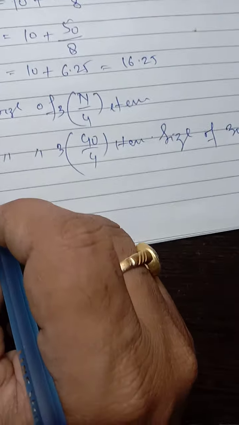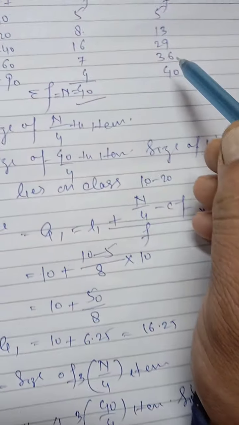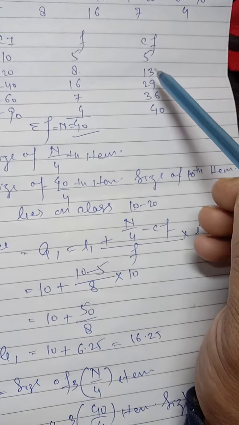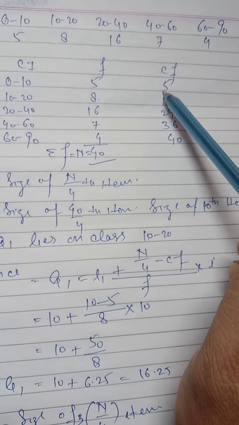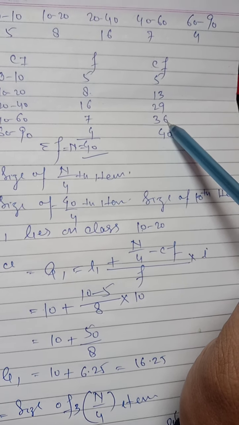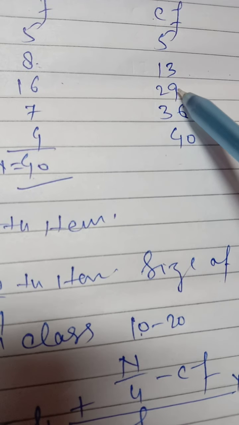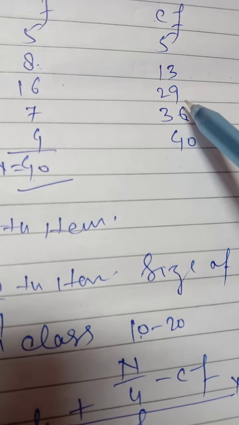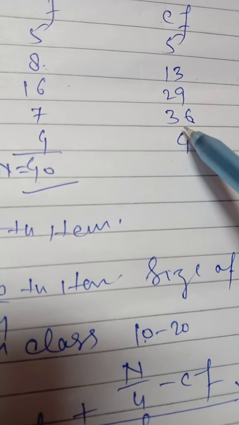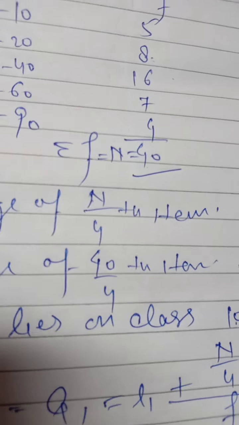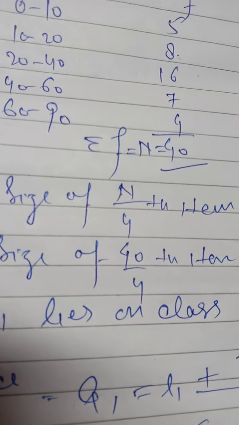Listen, for the 30th item, now we have to move here. Don't go for the frequency, go for the CF series 5, 13, 29, 36. So that means it is lying between 29 and 36. In between both of them, the 30 is there. So it is coming in the 40 to 60.